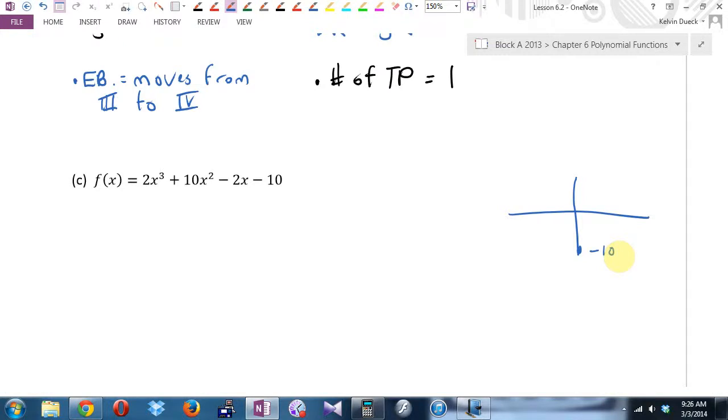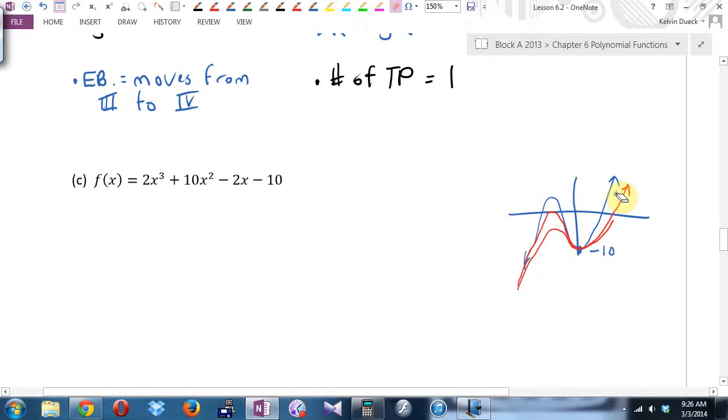Positive, so it's going to move from where to where? Okay, you know what? It's going to do something like that. Or maybe it may do something like this, or it may do something like that. You know, I can tell you the number of roots is going to be 1, 2, or 3. I need to actually see the graph to be more specific.